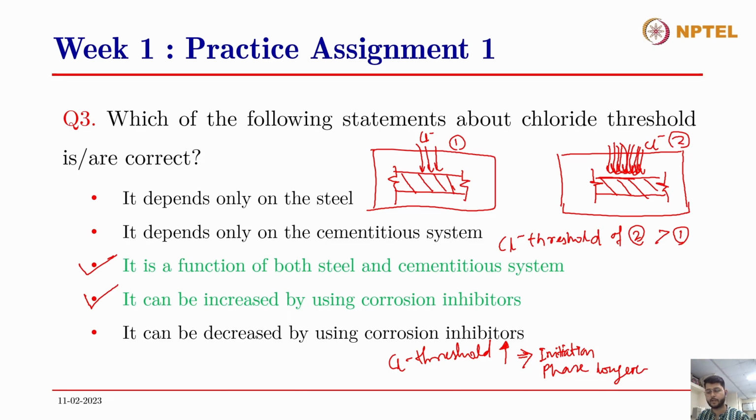They not only prevent pitting at the anodic site, they also protect both sides, the cathodic as well as the anodic sides, by diffusing into the depassivating film and strengthening it. So the use of corrosion inhibitors will also lengthen the initiation period of the corrosion, and it will also increase the chloride threshold.